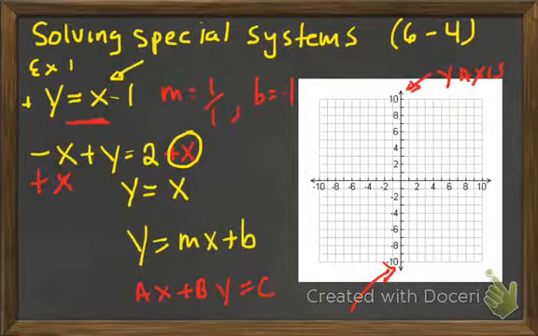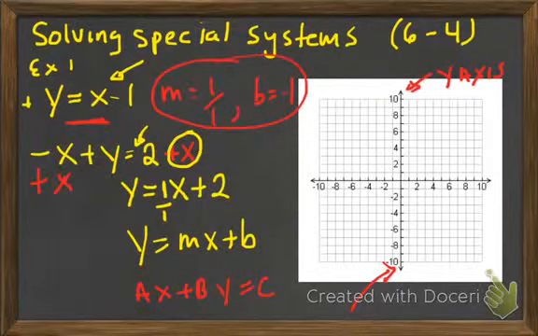So y equals x, and then since there's no minus sign, it's a positive 2. We can pretend there is a coefficient of 1 over 1. So we're just going to compare the slopes of both equations. Of course, this one here, our slope is 1, and this one here, our slope is 1, and our y-intercept is 2.